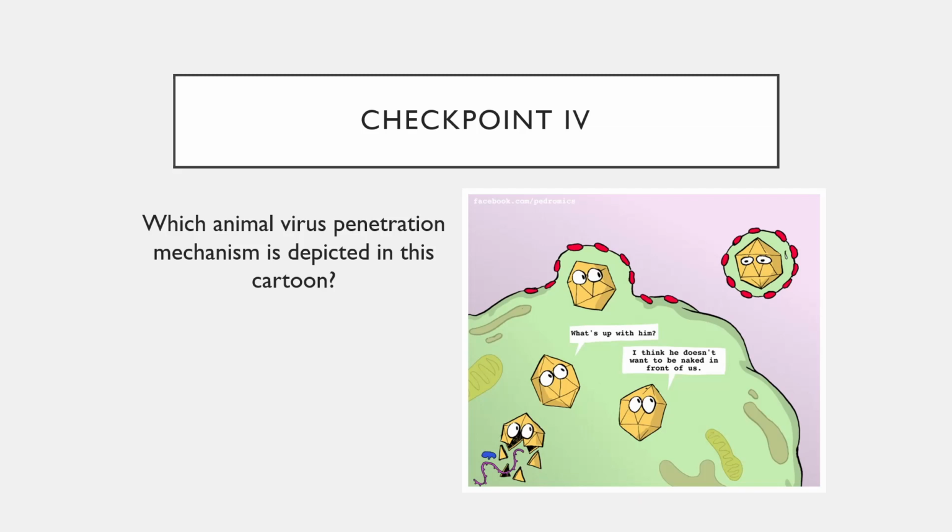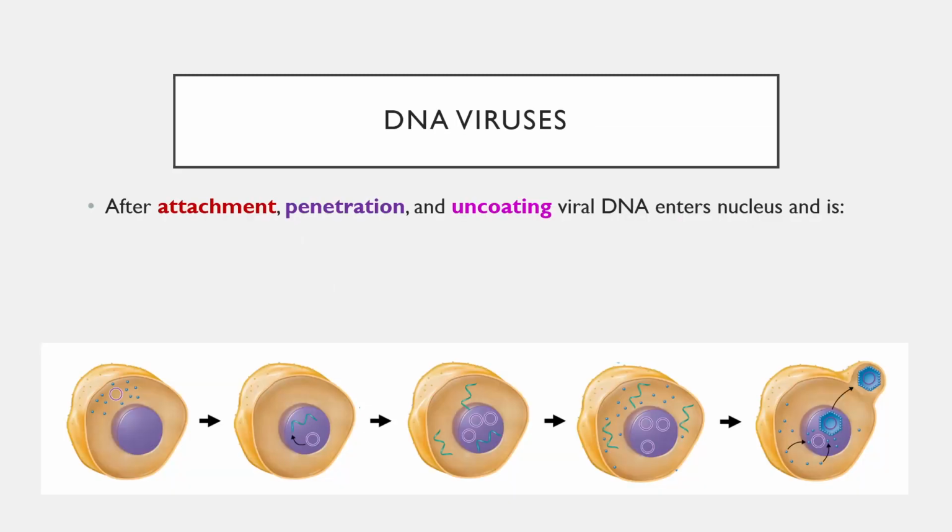Out of the three different subtypes of animal viruses that we are looking at, we are going to start with DNA viruses. DNA viruses are ones that have DNA as their genetic material, and for these viruses, there is a relatively straightforward process for them to conduct their replicative life cycle in a host.